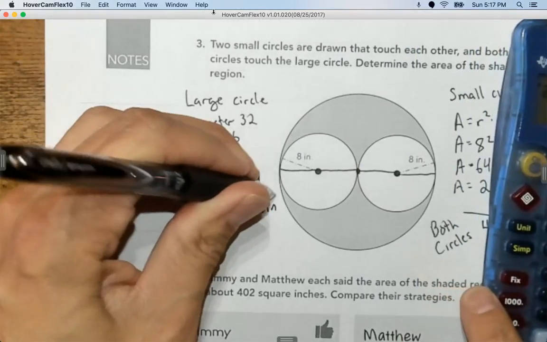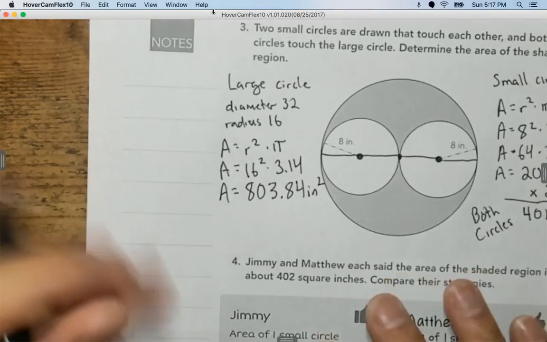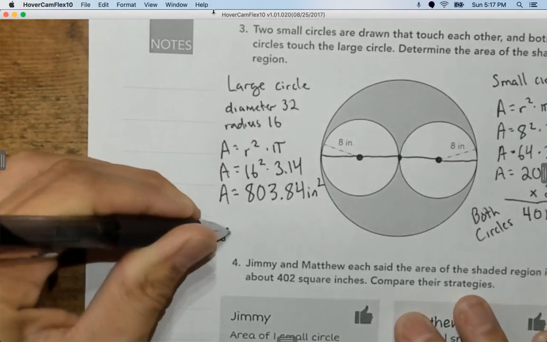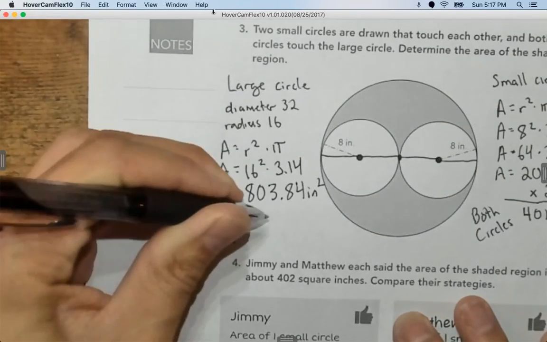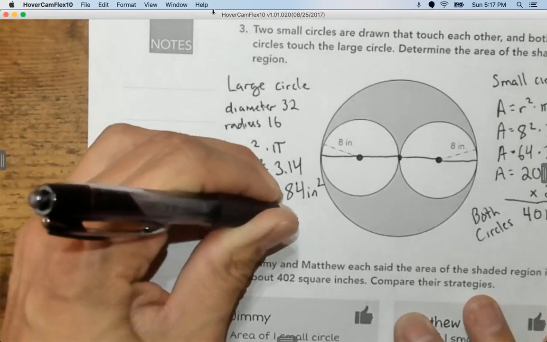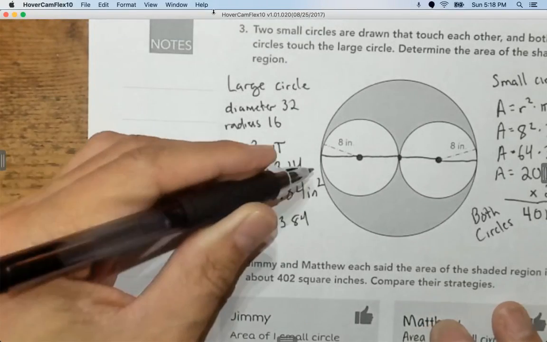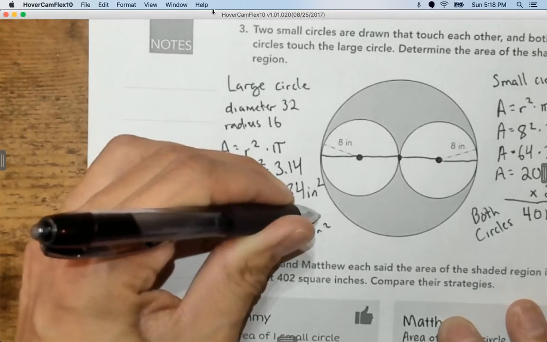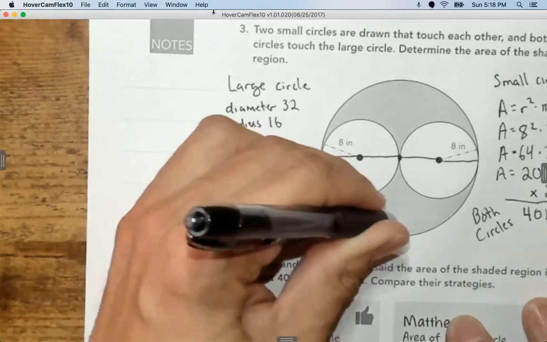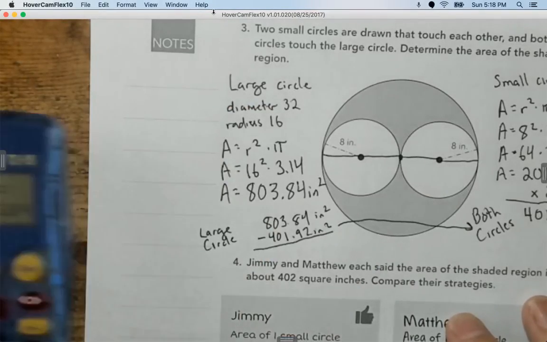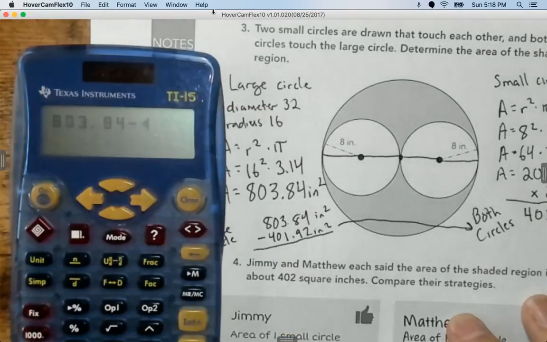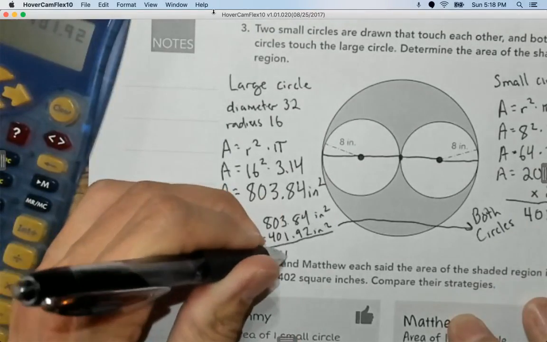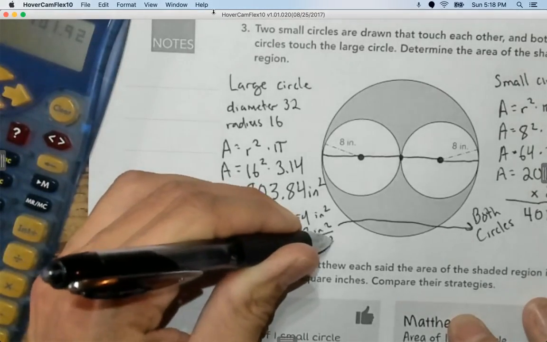My last step is to take the large circle, 803.84, and subtract the not shaded smaller circles, and I should be left with an answer of 401.92 inches squared, and that would be what was shaded here.